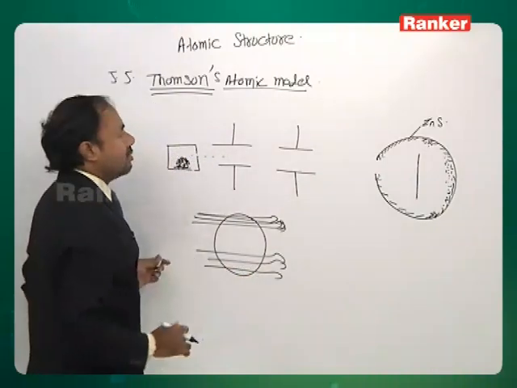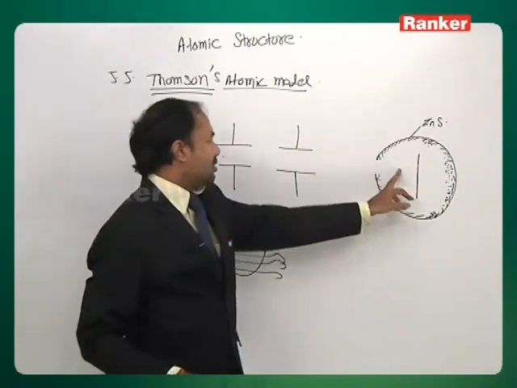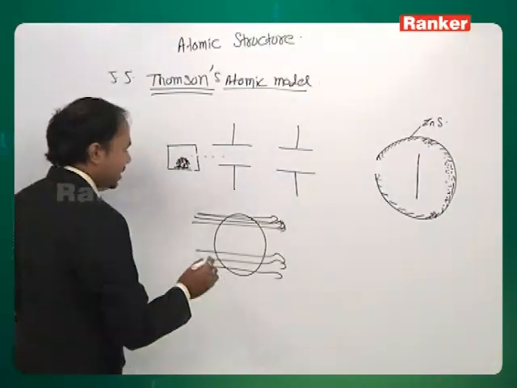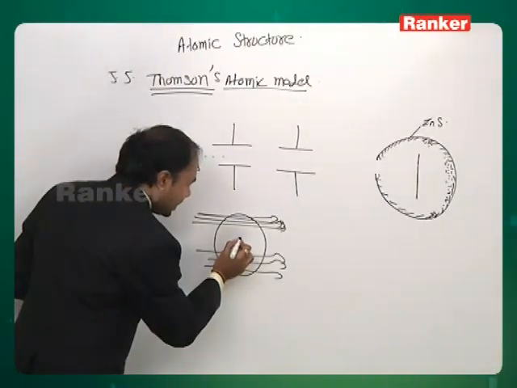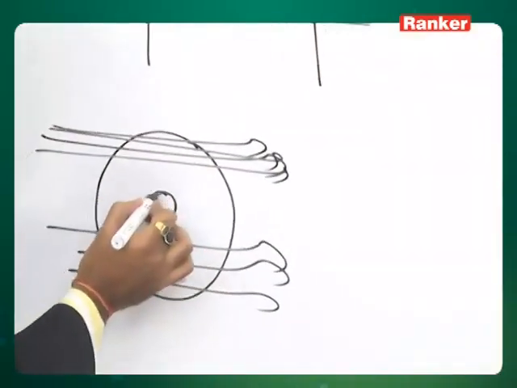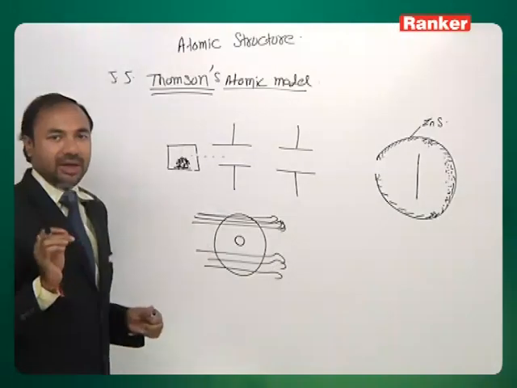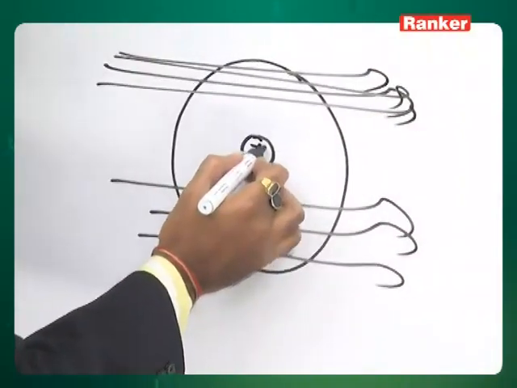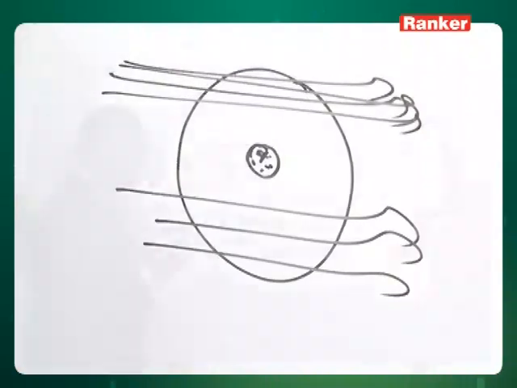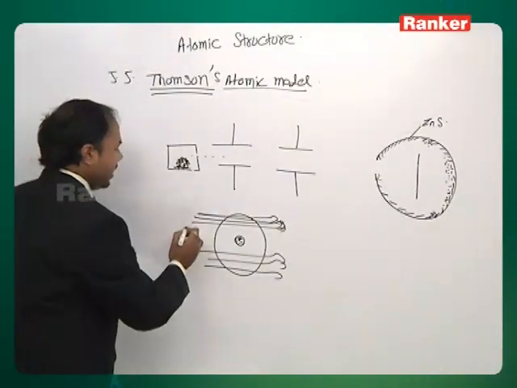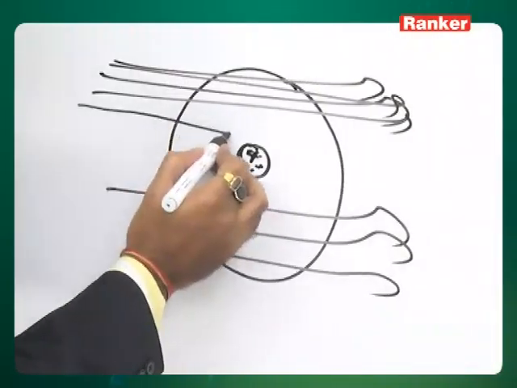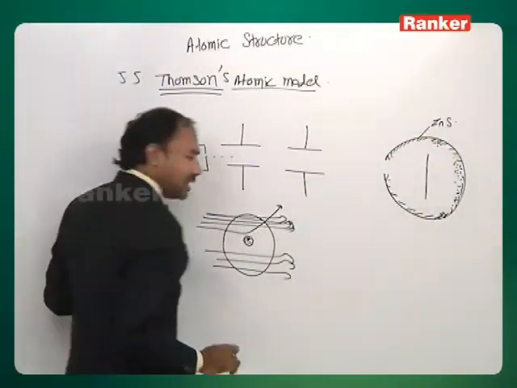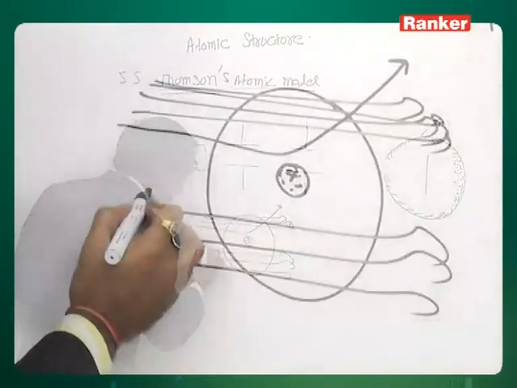Then he said, because some alpha particles have got deflected at these angles, it means the atom should contain some positive charge, which must be concentrated in a very small space, like this one here. This, he said, will contain all the positive charge. So when some alpha particles came nearby it, they got deflected and made black spots here, like this, from both the sides.